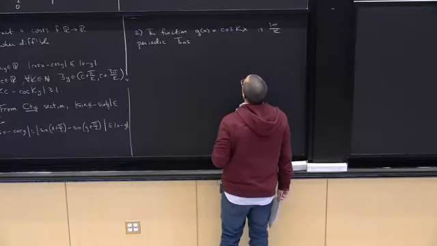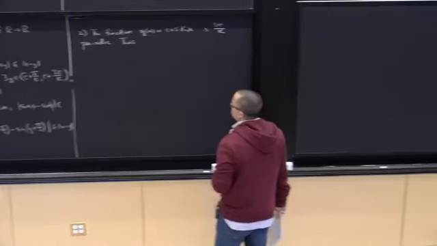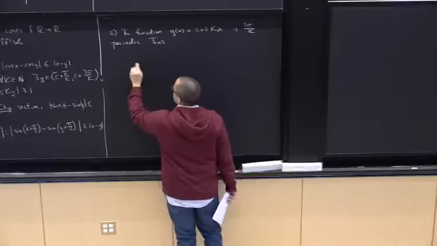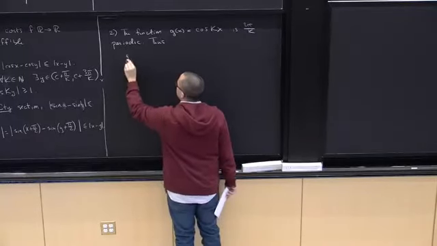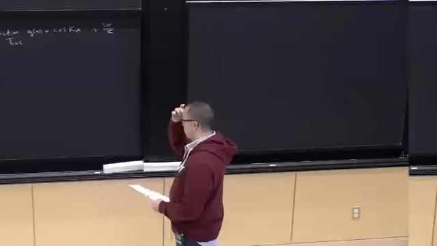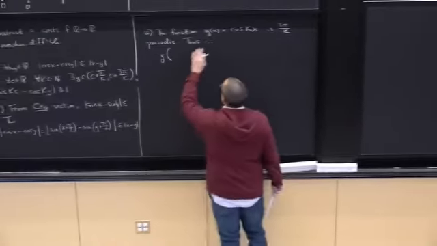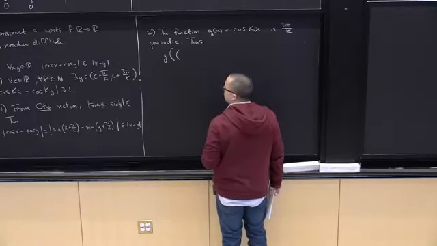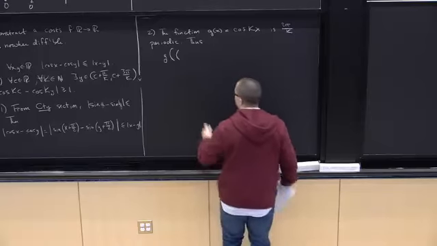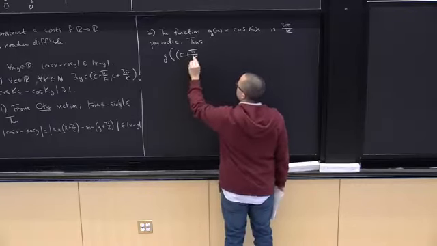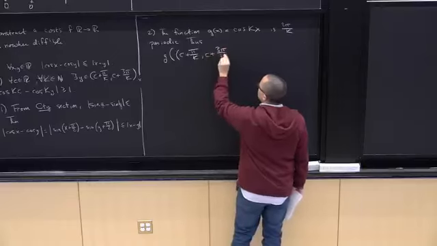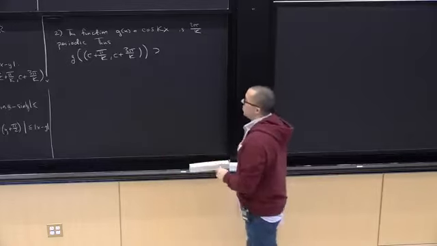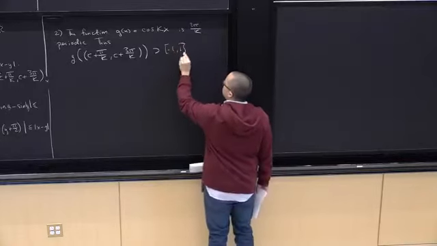Thus, if I look at the image of this interval, for this function g of x equals cosine kx, this will contain all of the real numbers between minus 1 and 1.